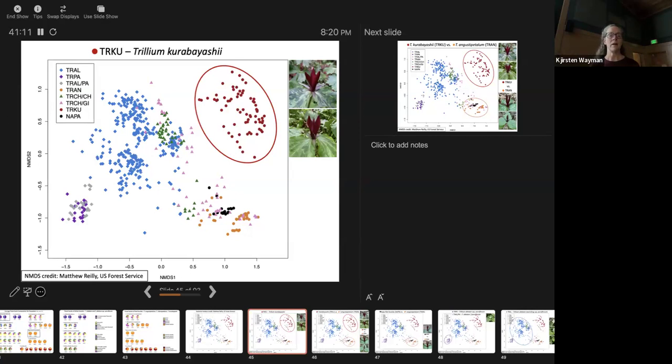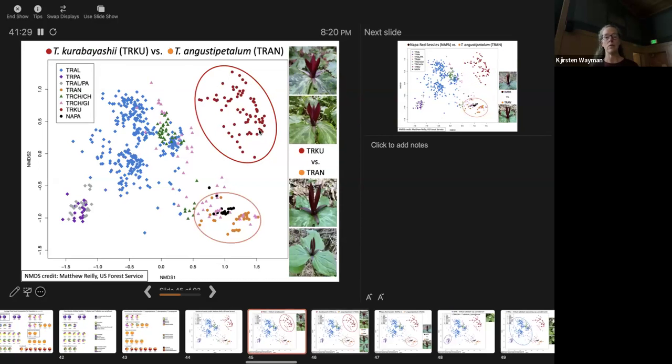So these plots show relatedness of the individuals to one another based on those 92 floral scent compounds. We can see here once again that Trillium kirbyashii seems to be quite distinct from the rest of the Trillium.